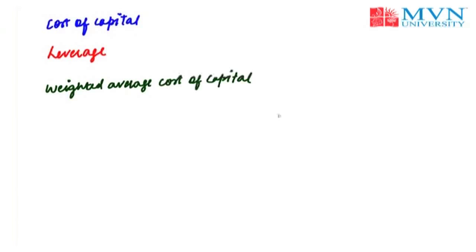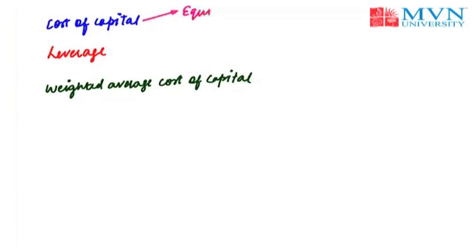But before starting with the theory, you have to be familiar with a few terms. These terms are cost of capital, leverage, and weighted average cost of capital. As you all know, the firm has various sources of financing available from where it can raise its money. But there is some cost associated with each and every source. There are basically three kinds of sources available to a firm.